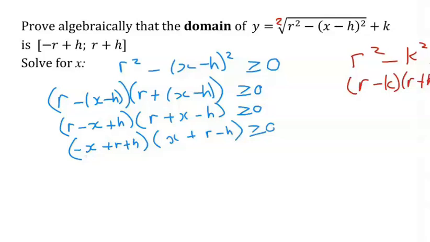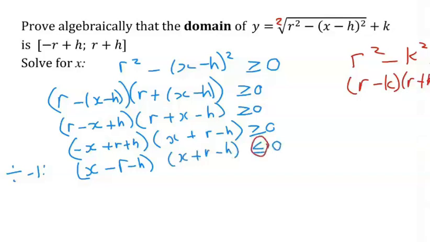So I want the plus there, so I'm going to do this: (x minus r minus h). So I'm dividing by minus 1, and (x plus r minus h). Then the sign will change because I'm dividing by a negative value.